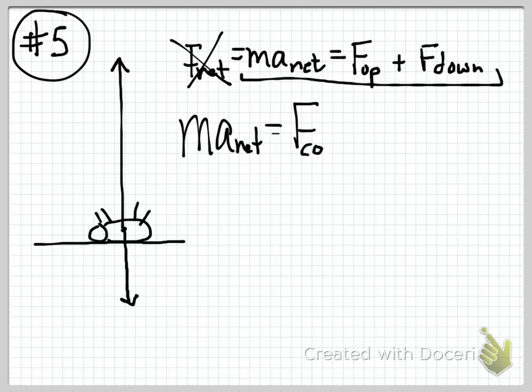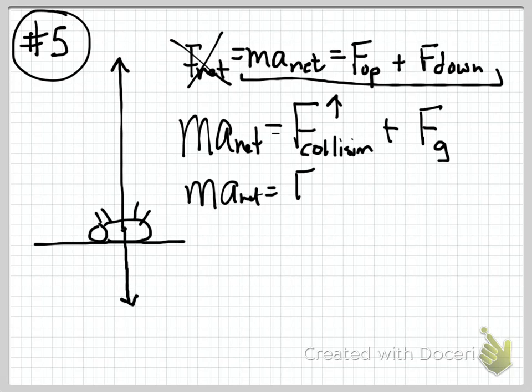So the force of the collision with the ground is the force upward on him. And adding to that is the force of gravity acting on him. So the force of gravity acting on him is equal to what? And that's of course down. It's equal to mg.